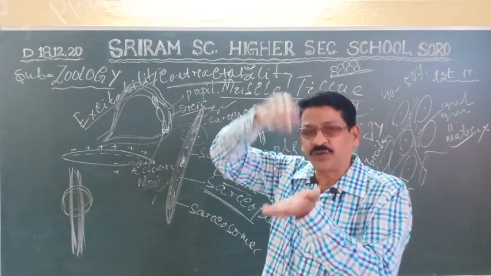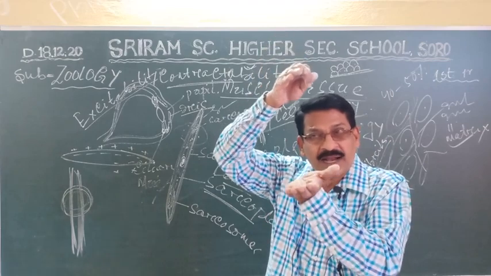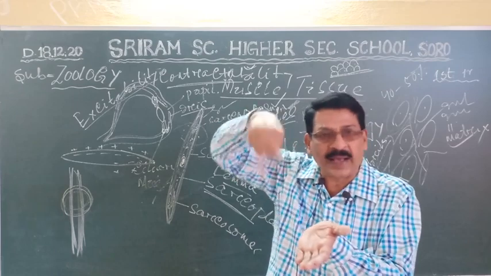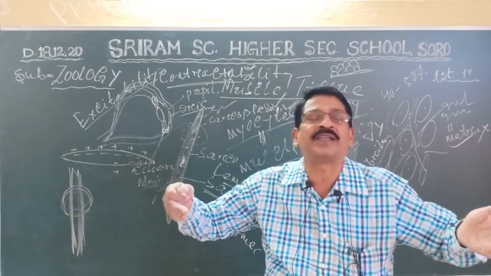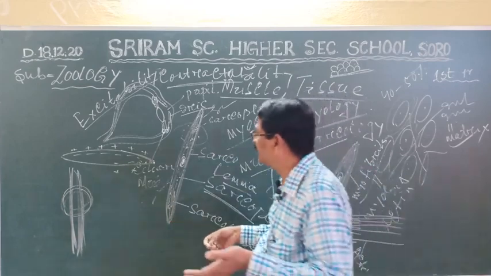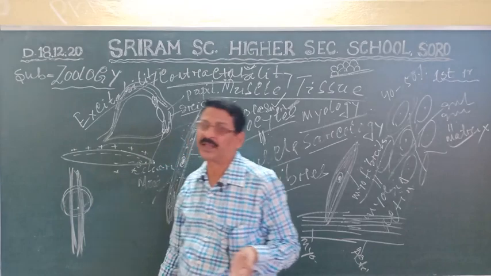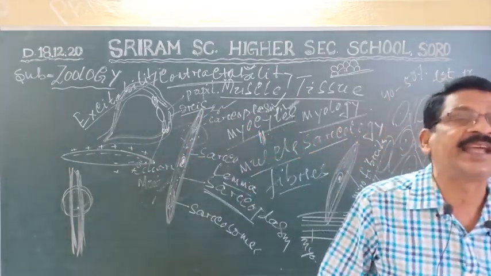If the longitudinal muscles contract, the body becomes short; when the circular muscles relax, the body becomes thick. So the muscles are arranged in this way. Clear? So the muscles contract in a definite direction.